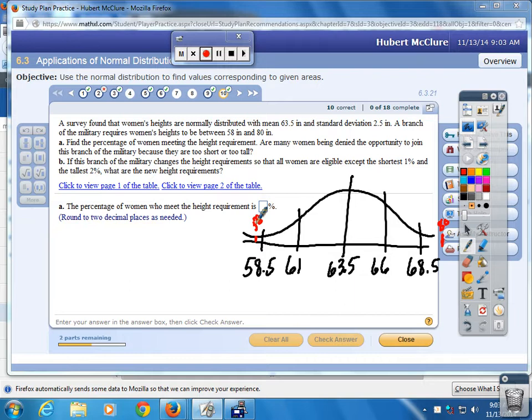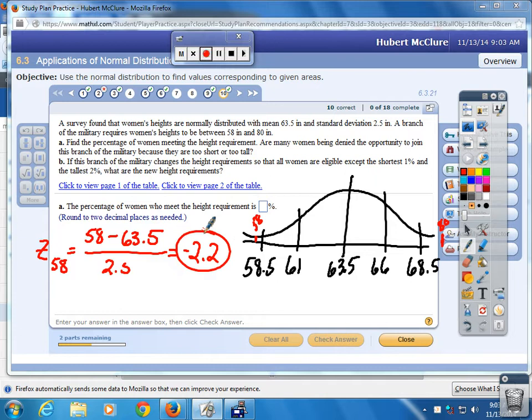So we'll call this z sub 58 is equal to 58 minus 63.5 over 2.5. And that's equal to what? Negative 2.2. It's just 2.2. Okay. And then z sub 80 is equal to 80 minus 63.5 divided by 2.5. And somebody give me that z-score.